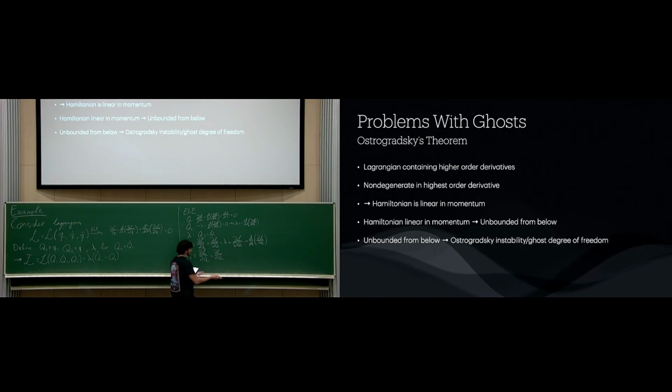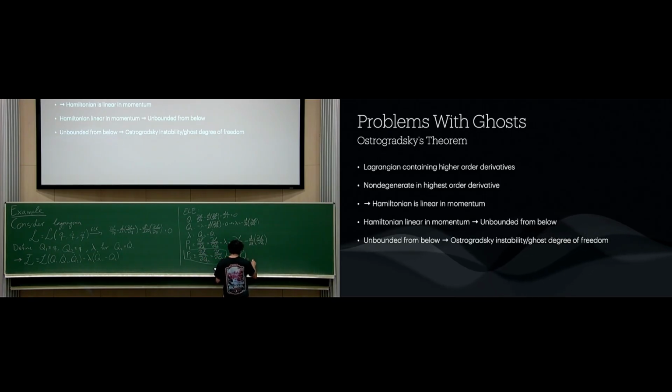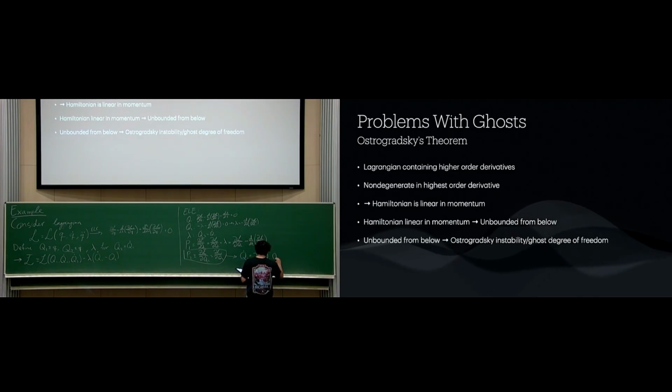We assumed non-degeneracy in the Lagrangian, so we can invert this equation. Specifically, we can express Q2 dot as some function of, in this case, on shell, Q1, Q2, and P2.